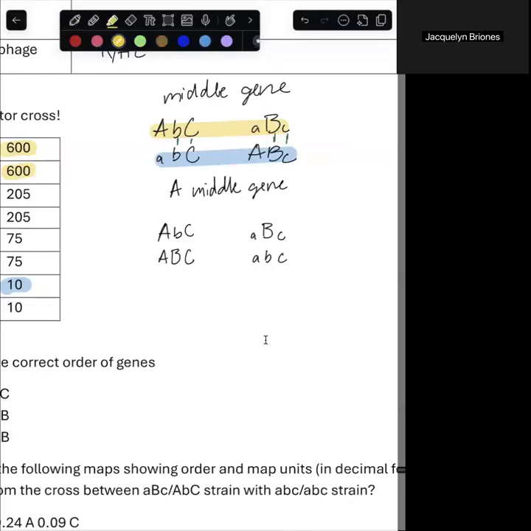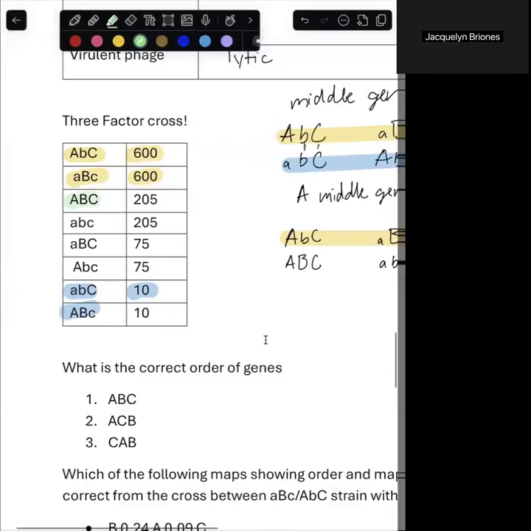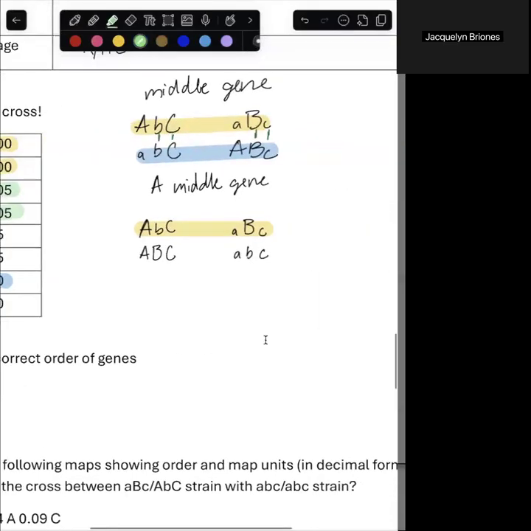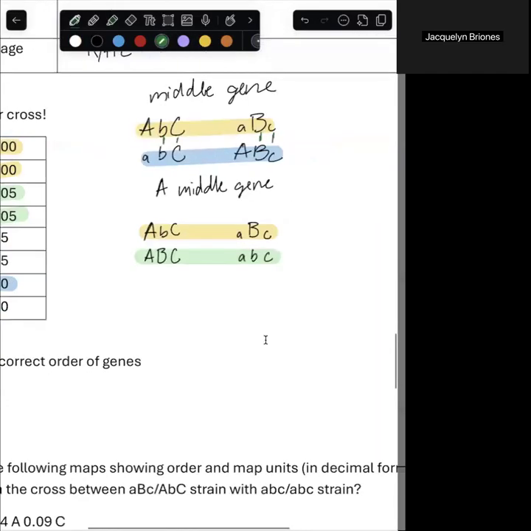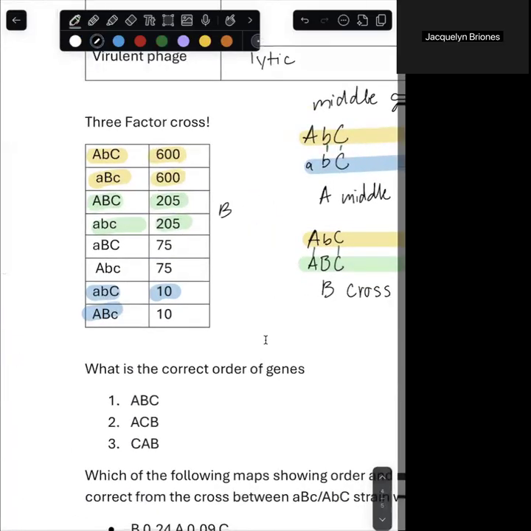So again, I'm looking at these. Yes, that's big A. That's a big C. And that's a little A. It's a little C. So this is our B cross.